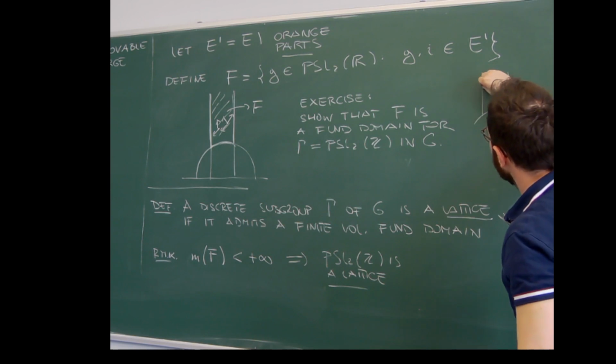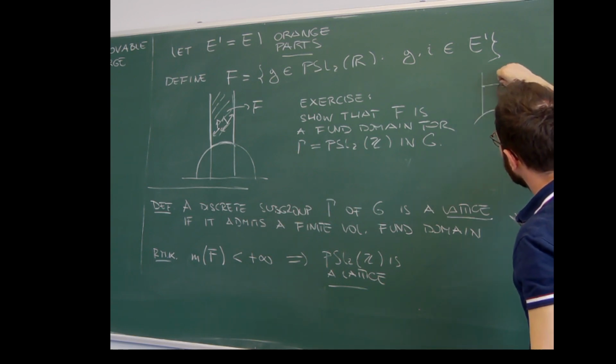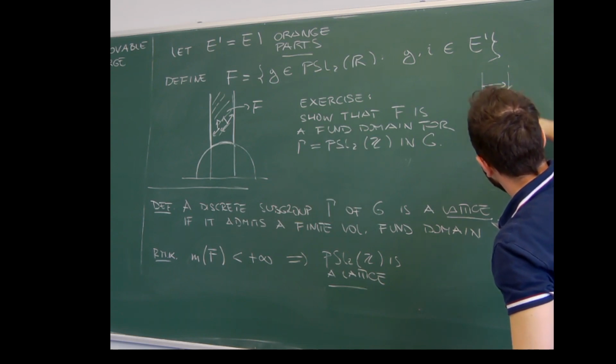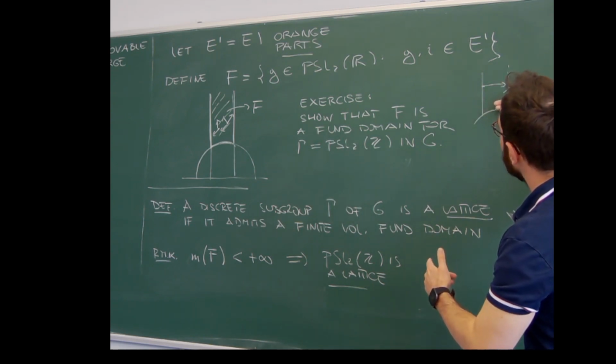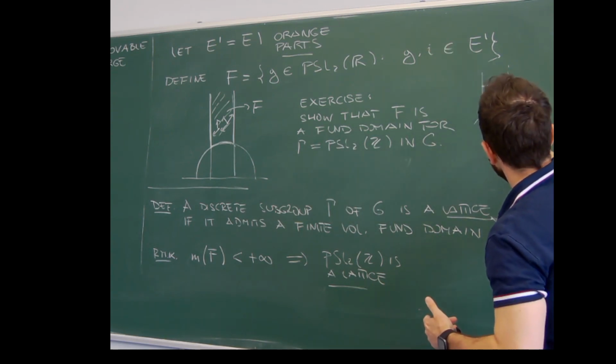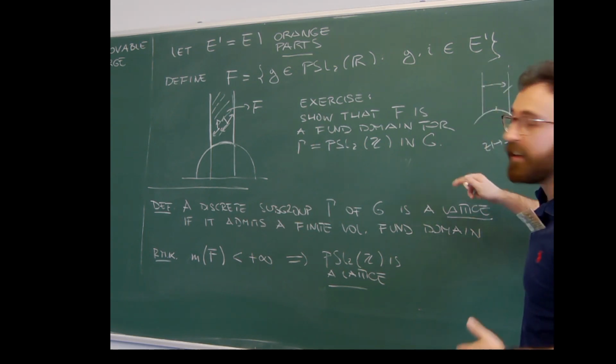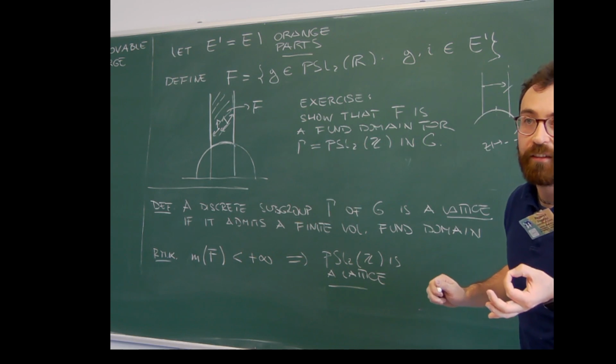So you could take this point and use the inversion. So Z goes to -1 over Z, and this point remains there.